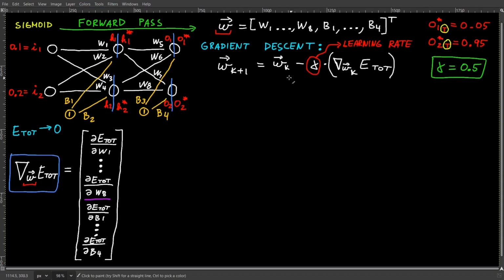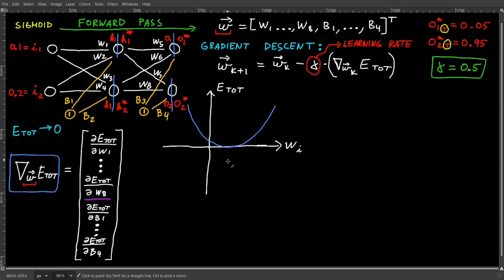Now, why does it work? How is this gradient descent algorithm able to adjust the weights and biases in such a way to drive the total error to 0? Imagine that I have this parabola, so I have my total error as a function of some weight. Now let me be very clear about something.